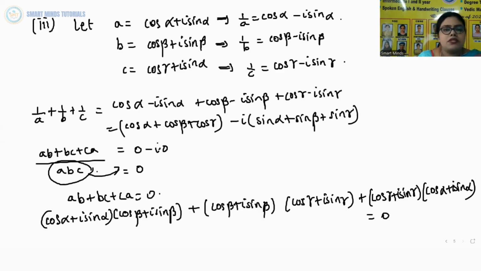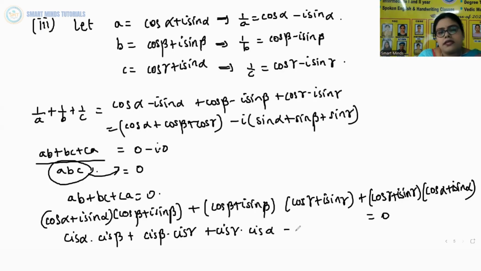That is equal to 0. Now the first term is cis alpha. Can I write cis alpha? Second bracket, can I write cis beta? The same way we are changing the brackets. So this is cis alpha into cis beta plus cis beta into cis gamma plus cis gamma into cis alpha is equal to 0.